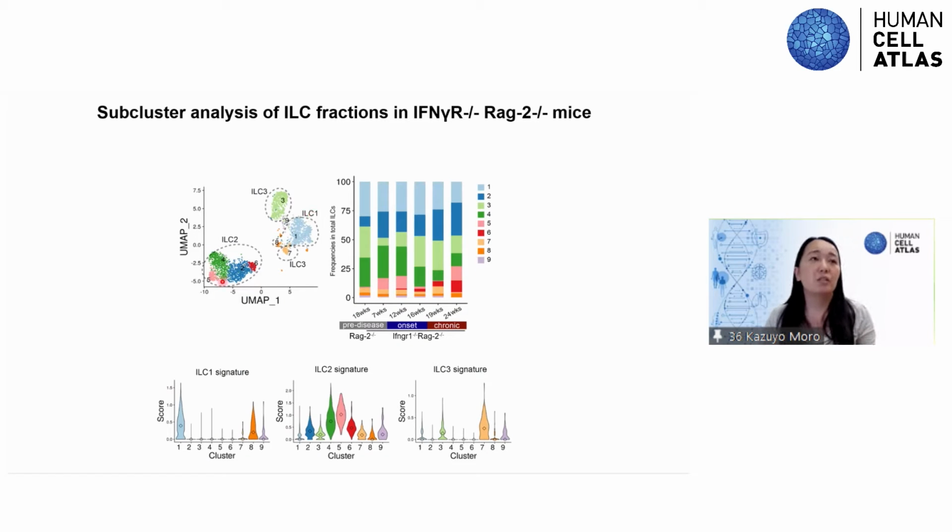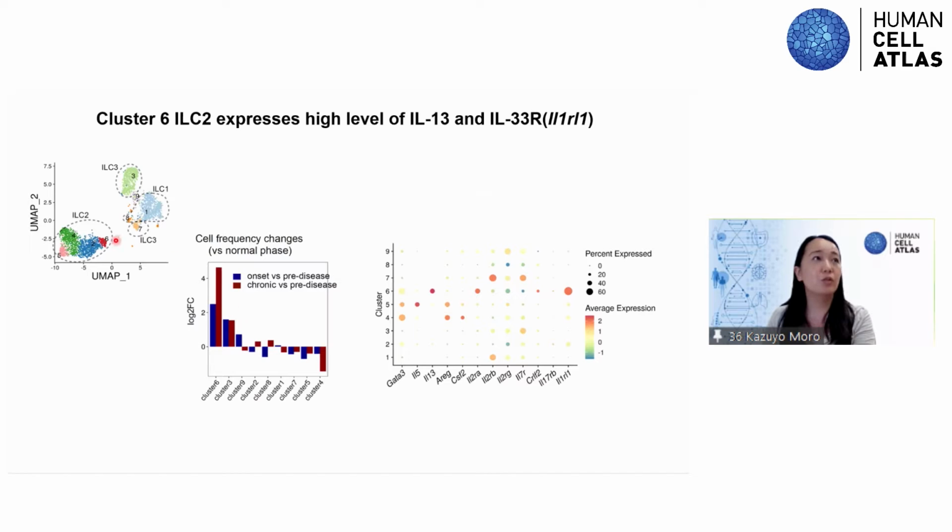So this is a subcluster analysis of ILCs, and here you can find that the number of cluster 6 is increasing from onset to chronic phase. And so we focus on this cluster 6 because the frequency of cluster 6 significantly increases from pre-disease to onset or pre-disease to chronic phase.